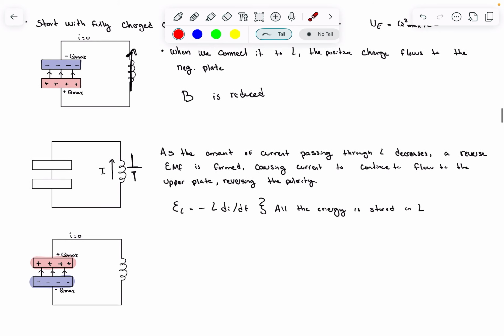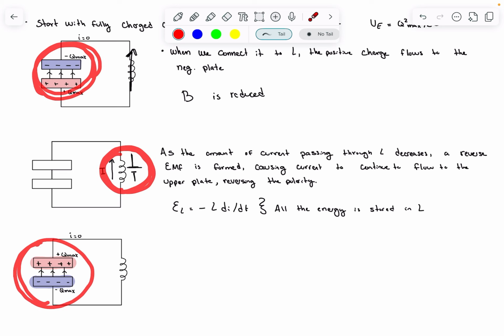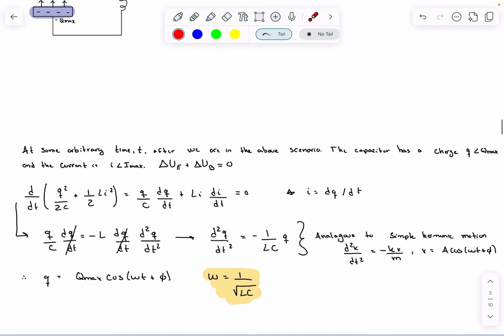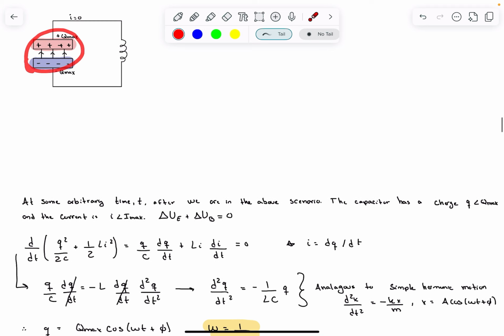So then we go from having all of the energy here to having all of the energy here to then having all of the energy here. So this is an oscillatory motion back and forth between energy on the capacitor to energy on the inductor and back and forth.